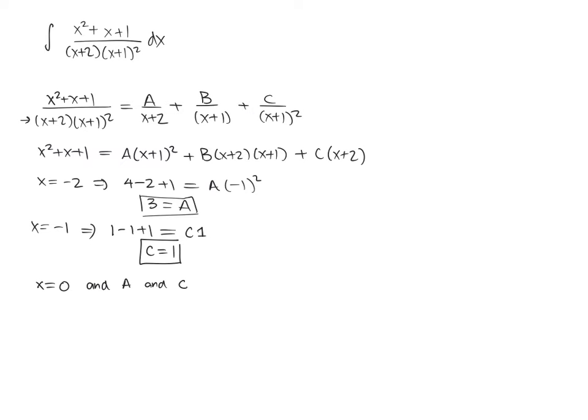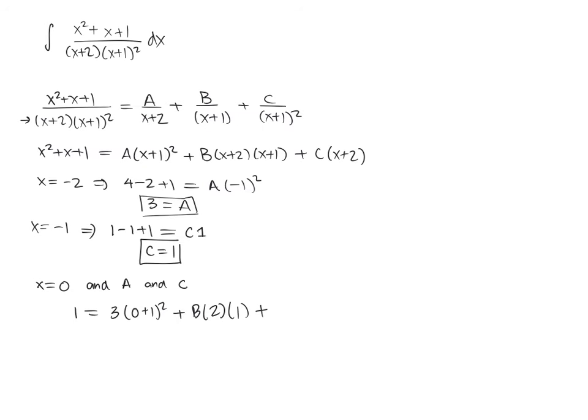Does that make sense what I mean by that? You know a is 3, you know c is 1. Use that information. So I'll have 1 equals 3 times 0 plus 1 squared, which will be 1, plus b times 2 times 1.